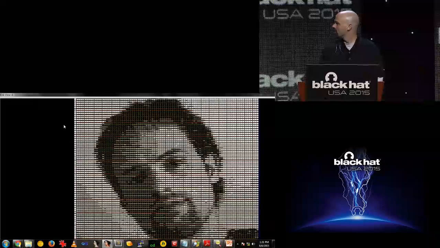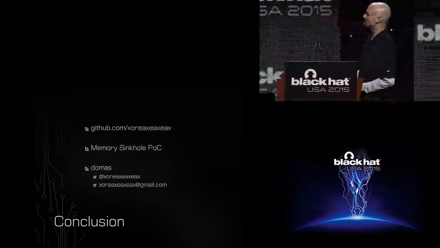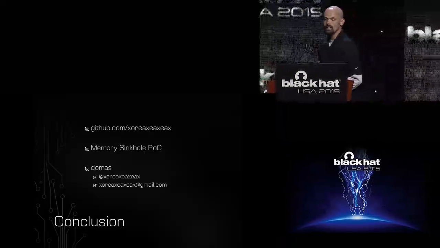So I'll release some source code for doing that too. Check that out at DEF CON. If you're more interested in practical things, the Memory Sinkhole is practical, and you can find that source on GitHub as soon as I post that in about an hour.